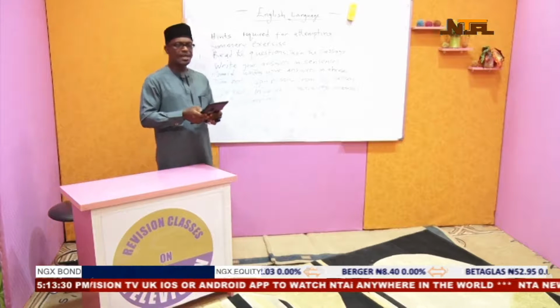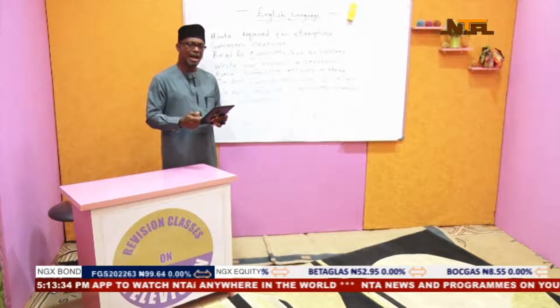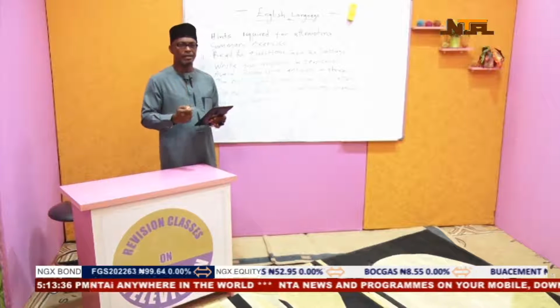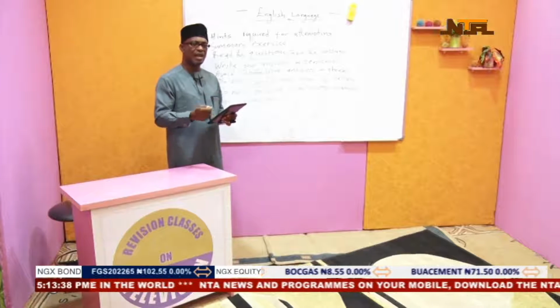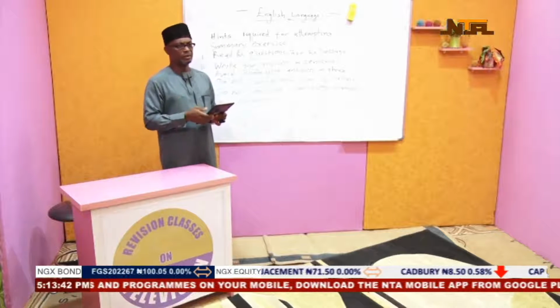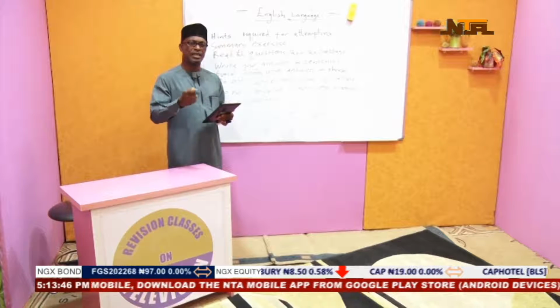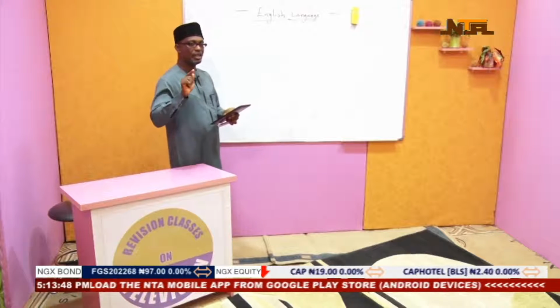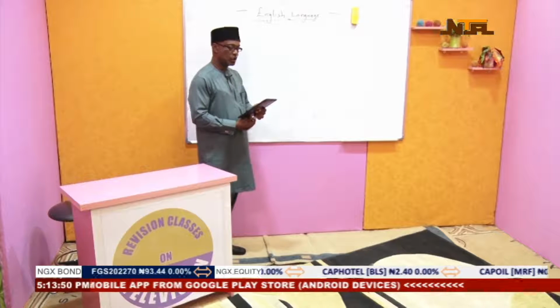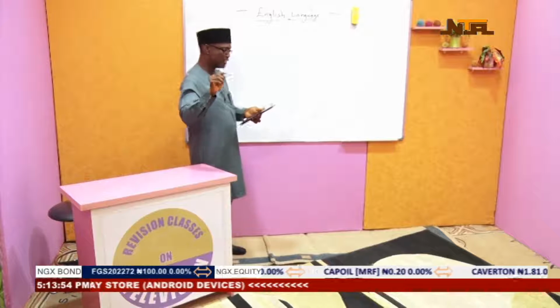Now, candidates, they have always asked, how do we arrive at these points? How do we arrive at these main ideas? It is simple. For every paragraph, there is always a topic sentence. From the passage that we've just read, we have been able to identify the main issues.